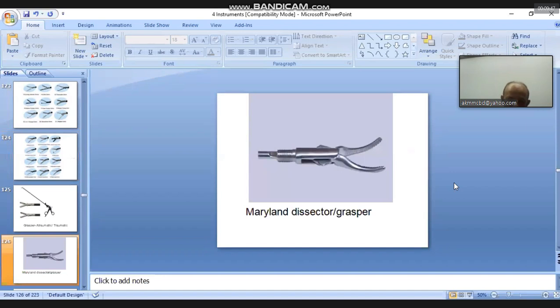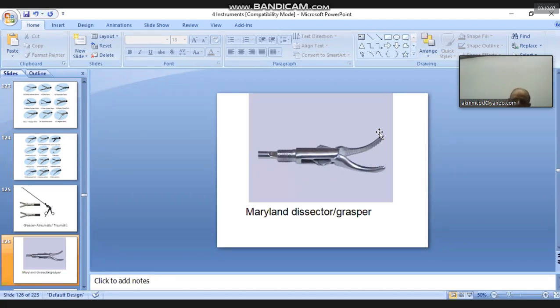Just remember this curvature, this curved shape. And there are serrations, the transverse serrations, the blunt end. This is known as Maryland forceps or Maryland grasper or Maryland dissector.